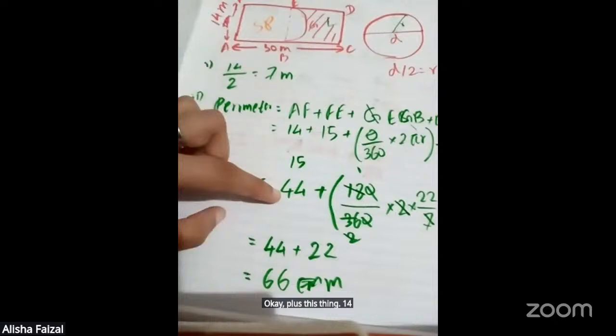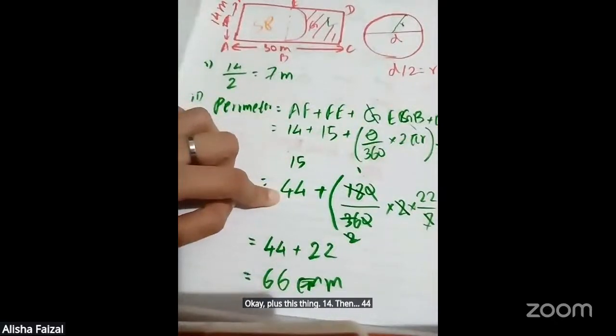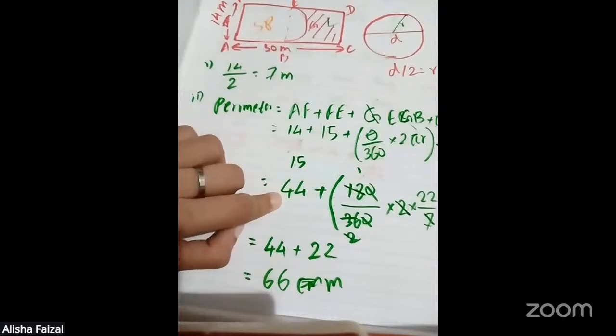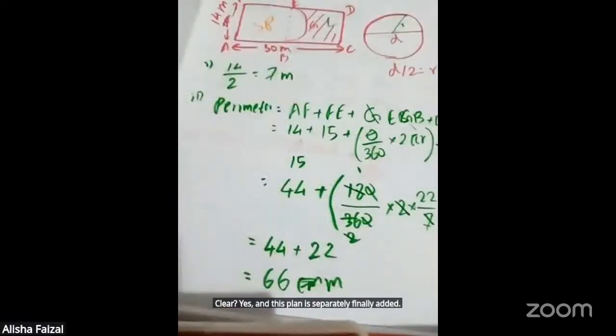Then 44, right? Clear? And this arc length is separate, and we add it. Anyone else have doubts? If you have doubts, you can ask. I will help you. Clear, right? Okay.